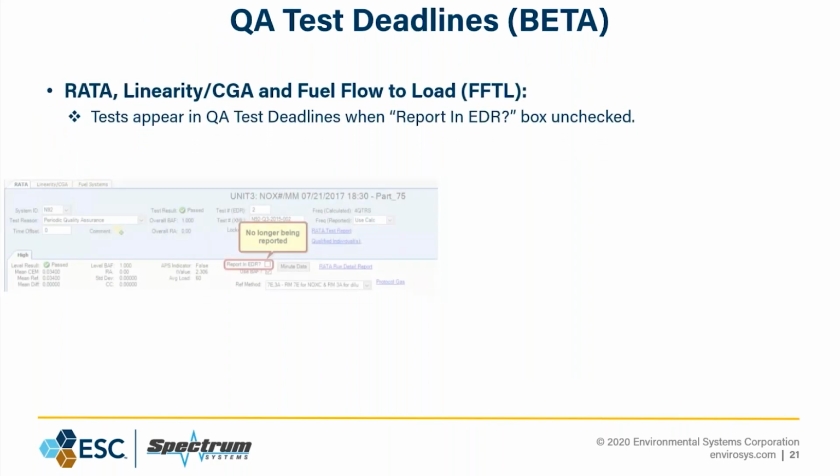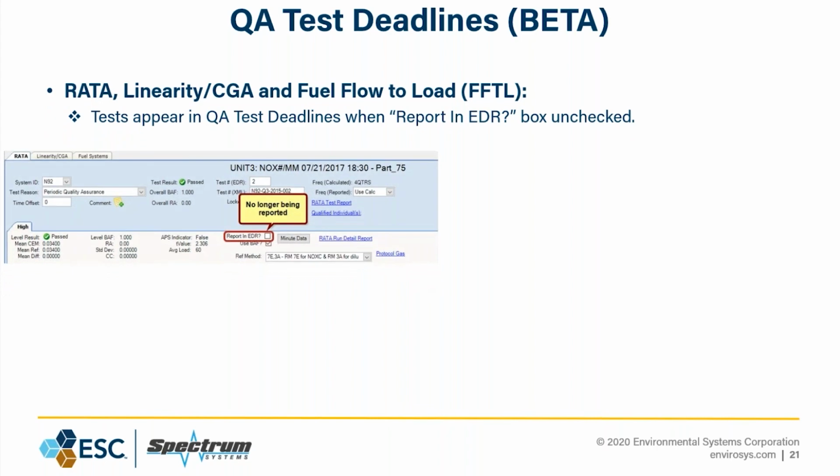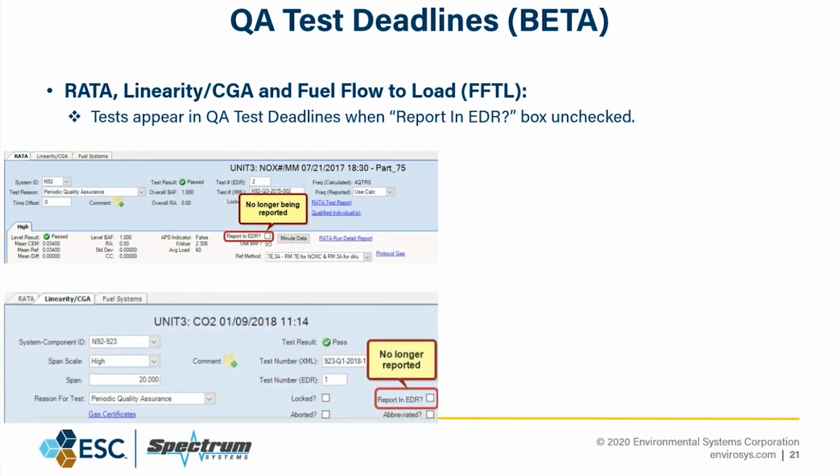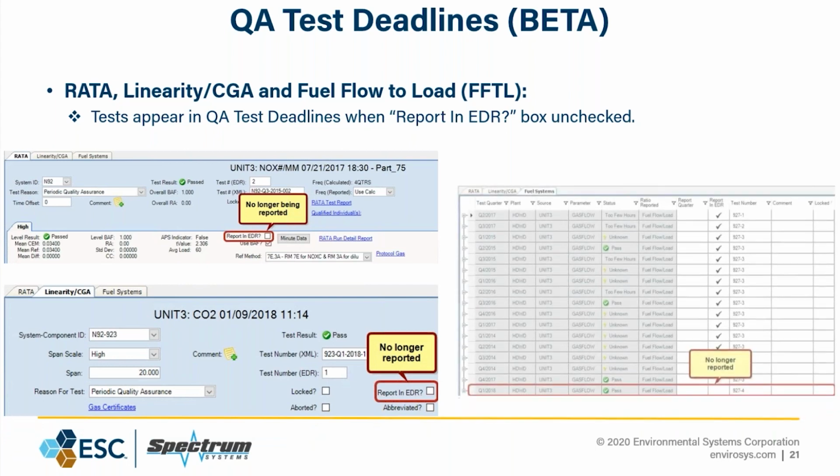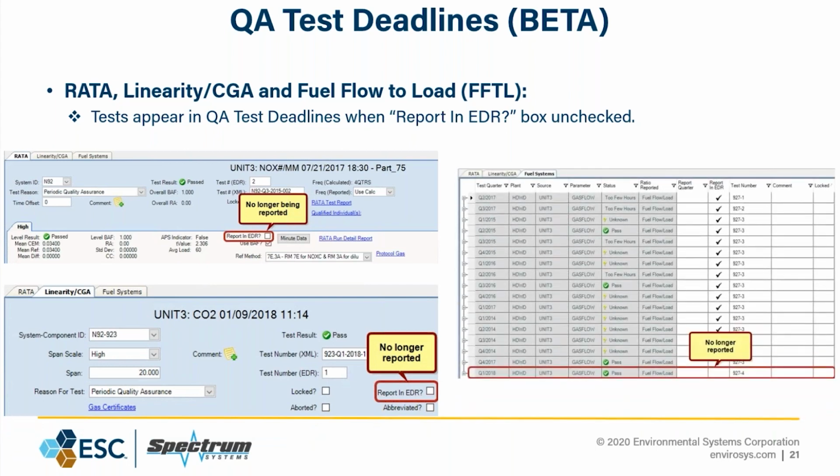So there were updates to the RADA, linearity, and CGA editor, as well as the fuel flow to load editor. Tests appear in QA test deadlines when the report in EDR box is unchecked. This means regardless if the report in EDR is checked or unchecked, the test will still appear in QA test deadlines.